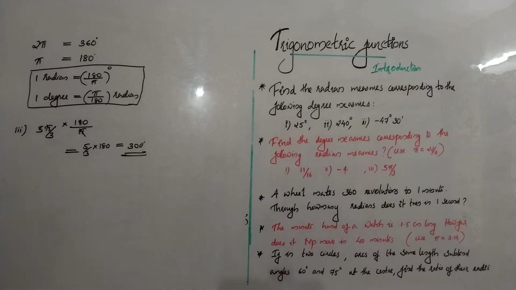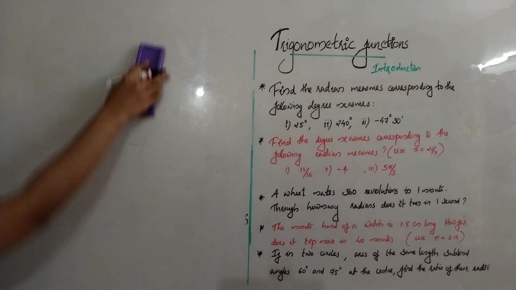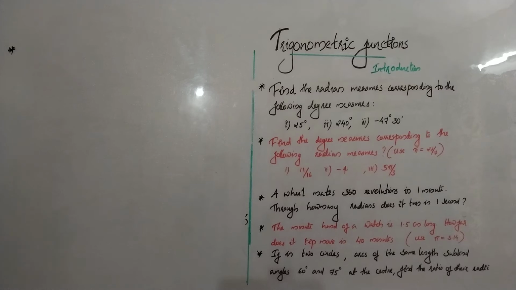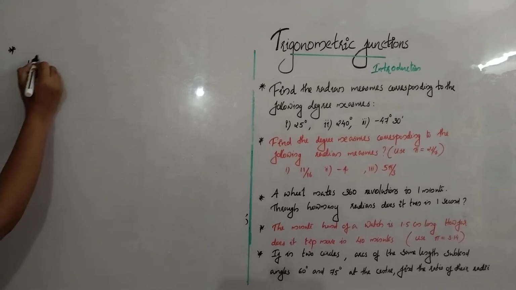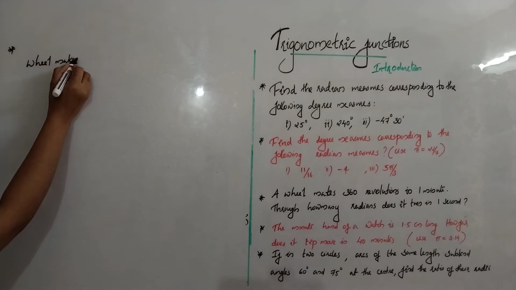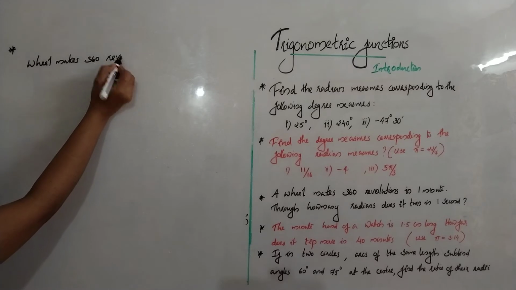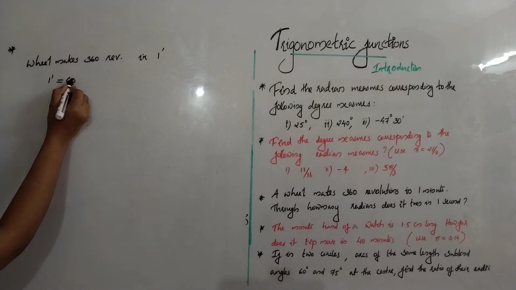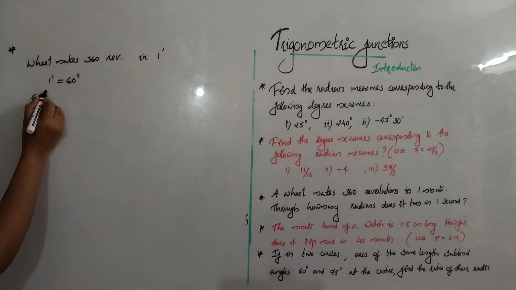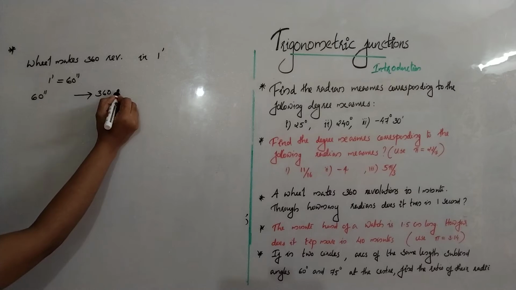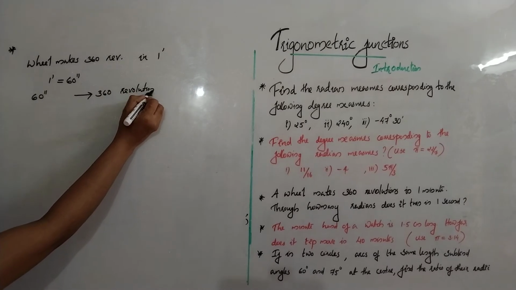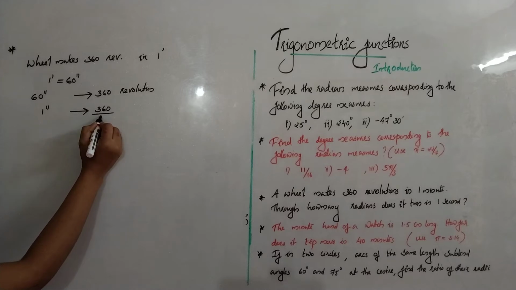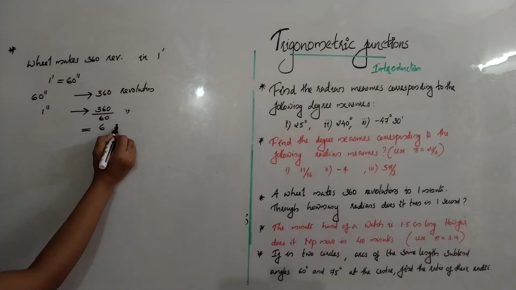Now the third question: a wheel makes 360 revolutions in 1 minute. 1 minute is 60 second, that is in 60 second the wheel makes 360 revolution, that is in 1 second it makes 360 divided by 60 revolution, that is 6 revolution.